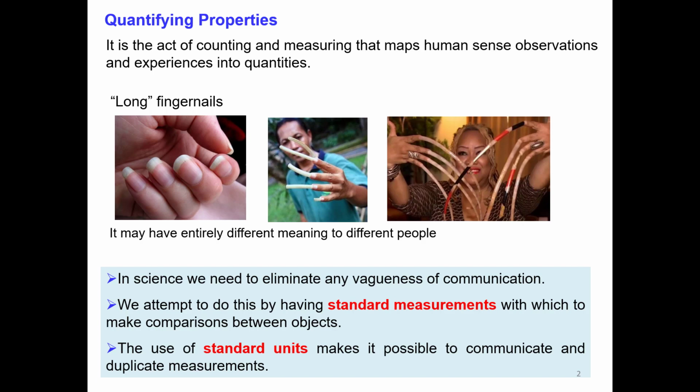These standard units make it possible to communicate and duplicate measurements. If we have standard units, everyone is going to understand the same. For example, if we say 5 feet, then all people will understand the same thing. What is the length of 5 feet?